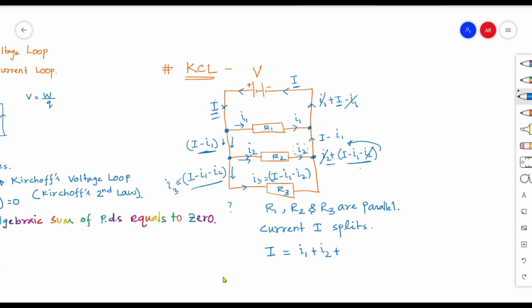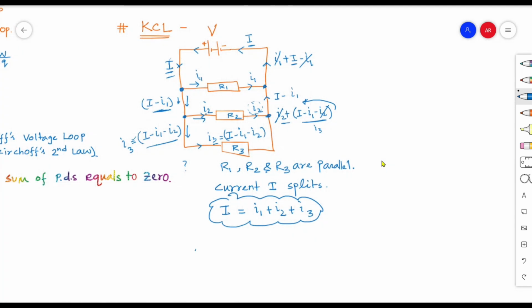So this current flows through R3. So we summed up these currents and we said that these currents are equal to the total current I. This is what we have seen when analyzing the current in this circuit.